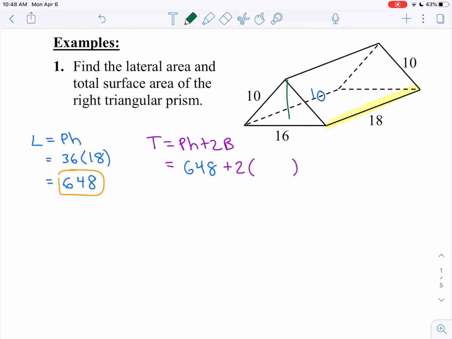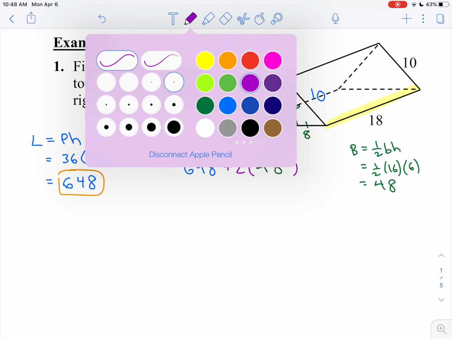In this case, it's the isosceles triangle, and so there's an 8 and an 8, and so 6, 8, 10, one of your favorite triangles. So off to the side, I'm just going to go back to one half base height. The base was 16, and the height was 6, and so that should be 48. And so then I'm going to put that guy right over here, and then go back to the calculator.